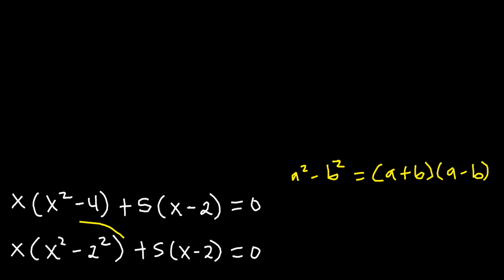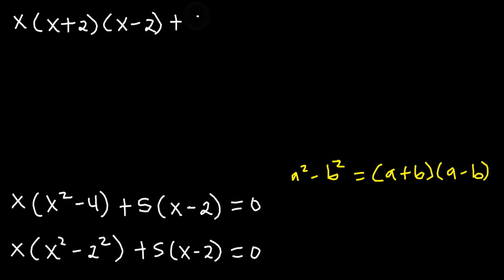Therefore, we shall express this in the same way. So we shall have x times x plus 2, and then times x minus 2, and then plus 5 times x minus 2, and this will be equal to 0.